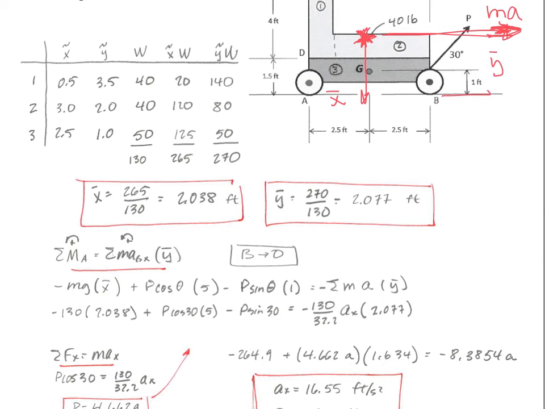All right, so I didn't draw those on there. I probably should have. But anyway, when I do that, I get mg, which is the total mass, or the total weight, if you will. So that's 130 pounds times the x bar. The pulling force has a sine component going up this way, and this is the lever arm for that.